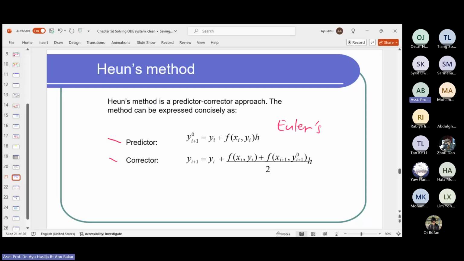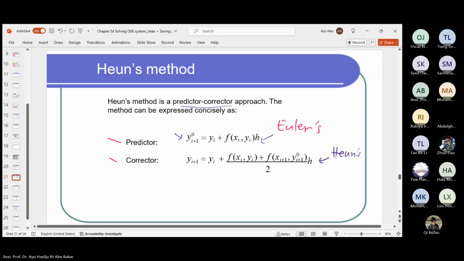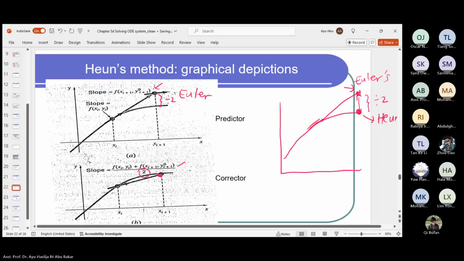Heun's method is a predictor-corrector approach. The method can be expressed as this. This is the Euler's equation. This is the Heun's equation. Here, for the predictor, we use Euler's.